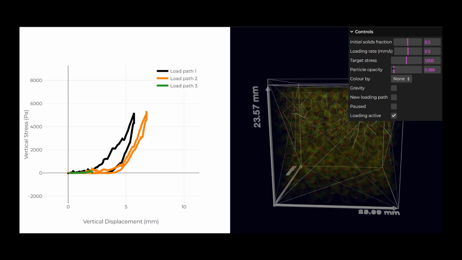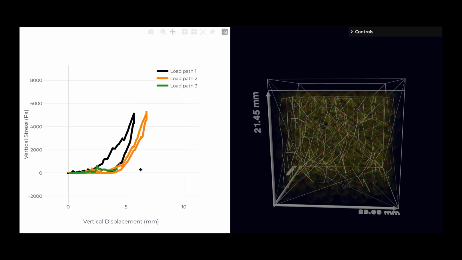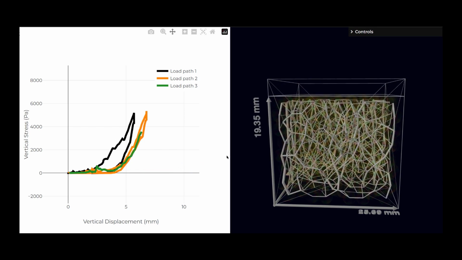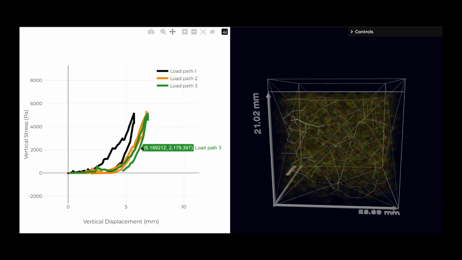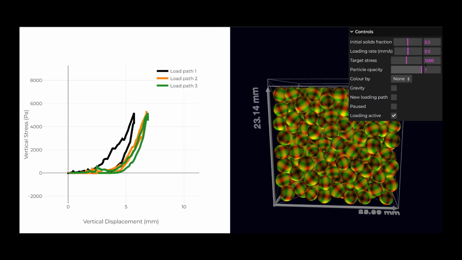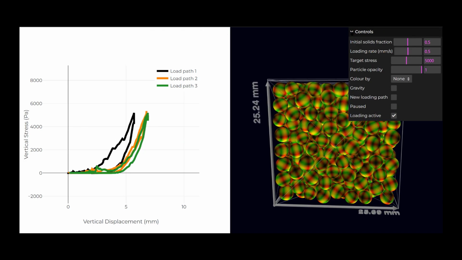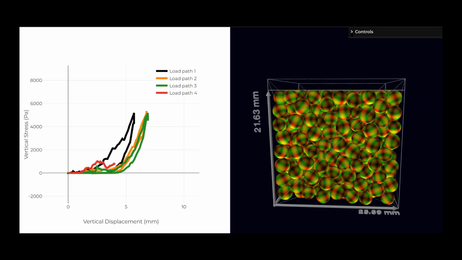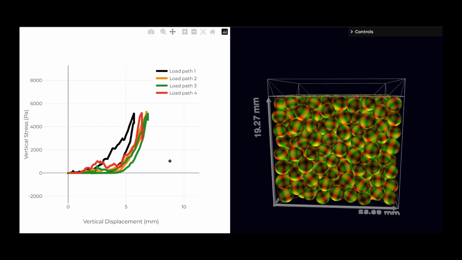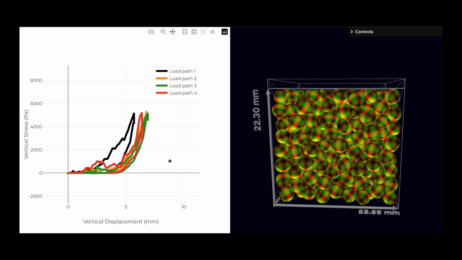Also here, force chains are visible. And the stress for the same vertical displacement also depends on the loading rate, meaning on the speed of compression.